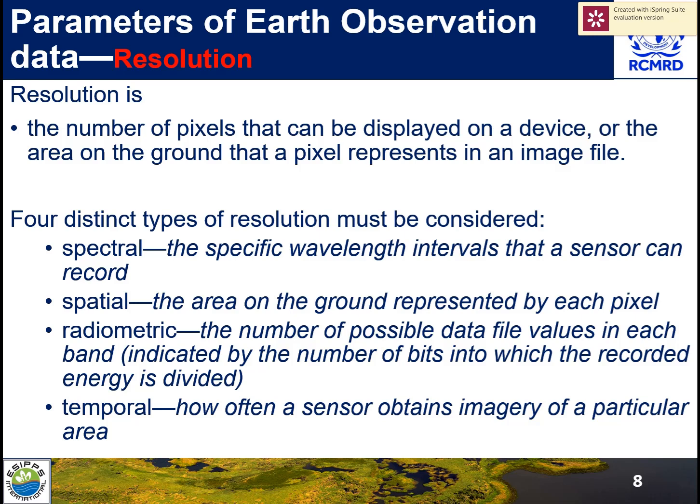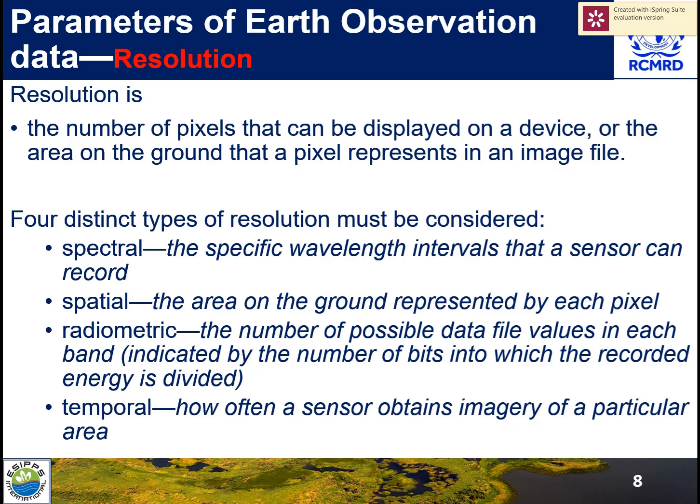The third aspect of resolution, particularly for Earth observation systems, is radiometric resolution. This looks at the number of possible data file values in each band. Now, the band is indicated by the number of bits into which the recorded energy is divided.